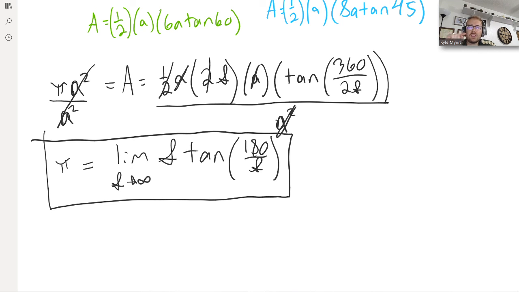Then hit the trace button and go all the way out to the right as far as you can. What you'll see is pi happens. This is the equation for pi. You can graph it, and as you go to infinity, it'll get closer and closer to pi.